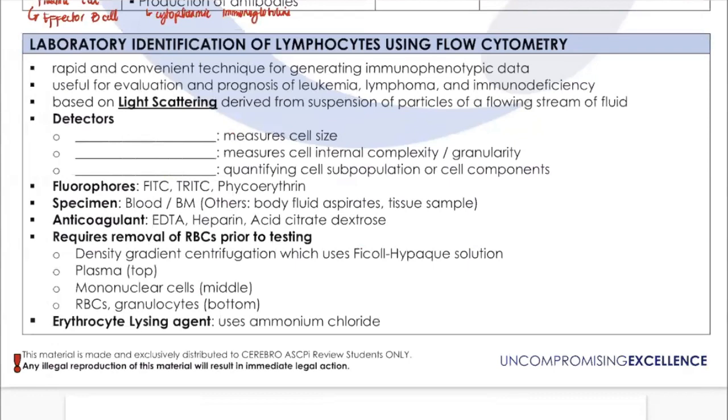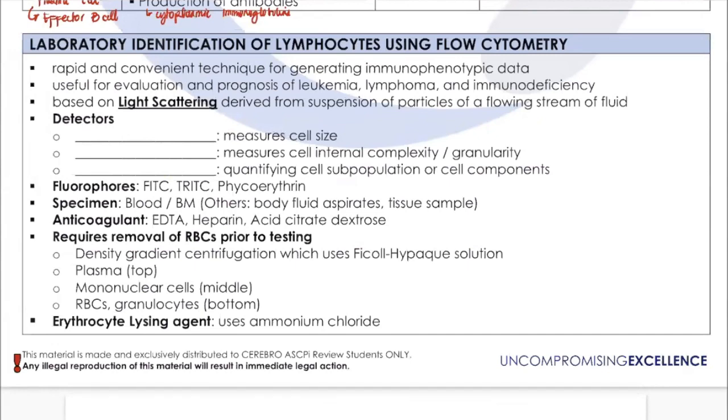This procedure is based on light scattering derived from a suspension of particles in a flowing stream of fluid. Fluidics is one of the components of flow cytometry, so the cells pass through a certain aperture.